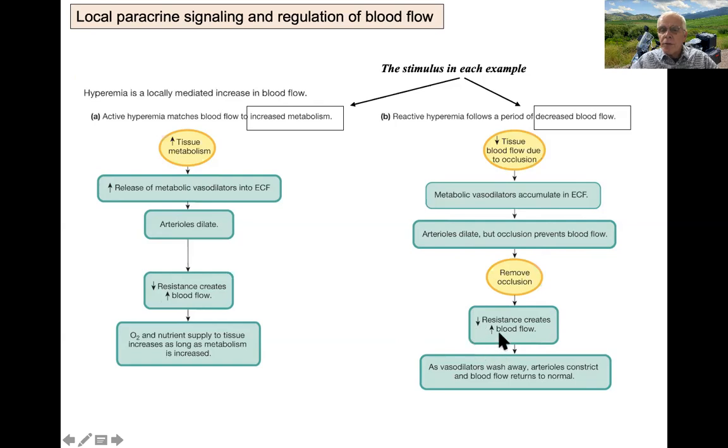There'll be increased blood flow. When the dilators are washed away, arterioles constrict and blood flow returns to its normal level. So these are what I call variations on a theme. This would occur naturally. This one I could get to occur in an unnatural way, but the underlying physiology is very similar.